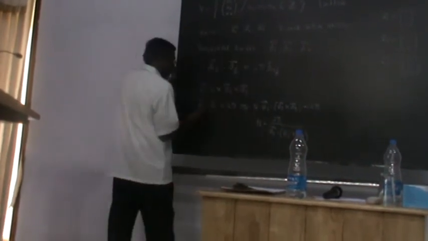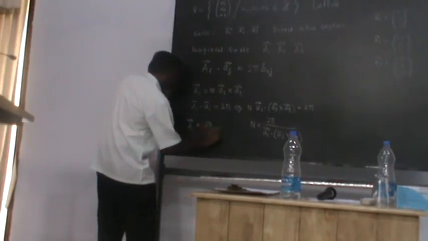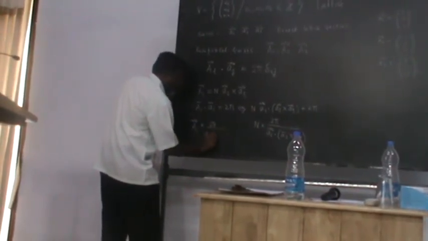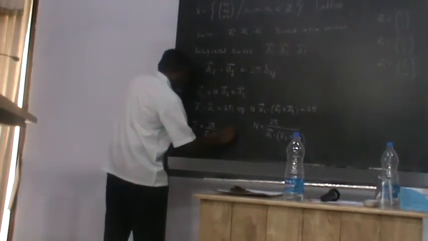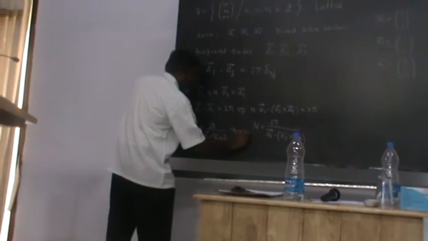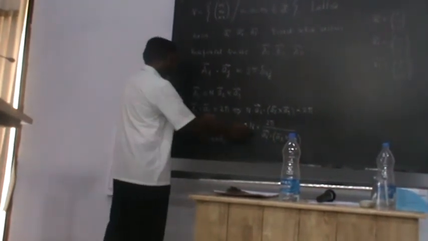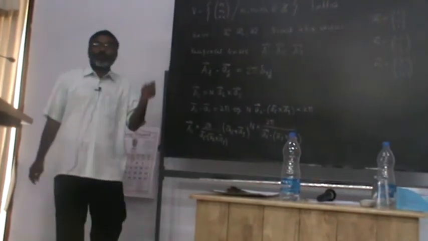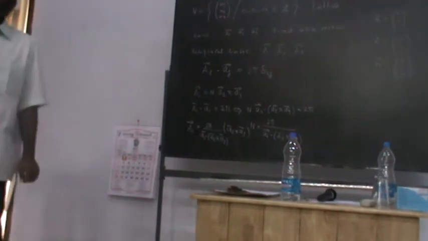I put that n here, and I get the reciprocal lattice vector as 2 pi divided by A1 dot (A2 cross A3) times A2 cross A3. So this is the normalization constant, the scalar, and so on. We get the other definitions in a cyclic way from here.